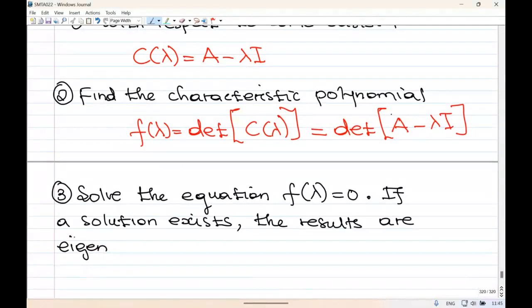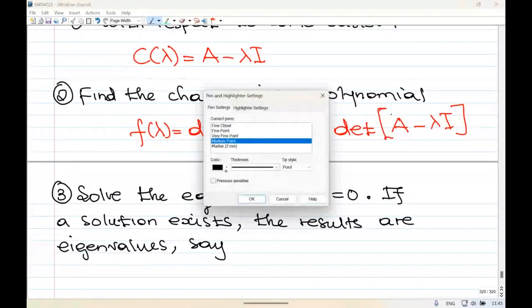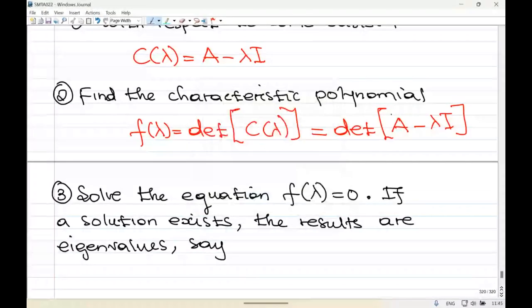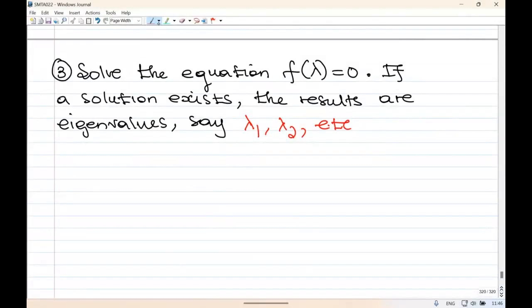That's where you are going to get lambda equals 7, lambda equals A, something like that. If there are many, remember here you are dealing with a polynomial of order n. We are generalizing, meaning when you factorize f of lambda, you are going to get lambda 1, lambda 2, and so on, depending on the polynomial that you have.